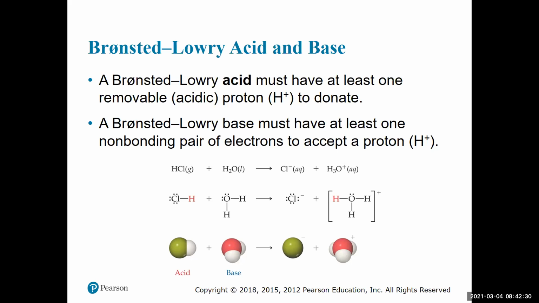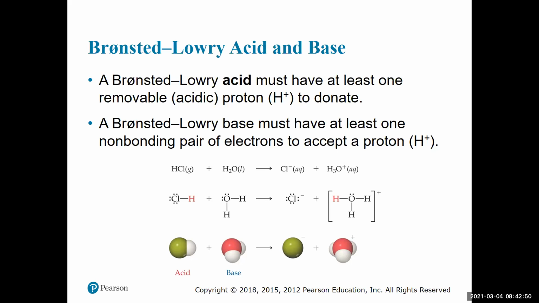You can have protons in a molecule, but if they're not donatable, if they're not acidic, then it doesn't serve as a Bronsted acid. A Bronsted-Lowry base must have at least one non-bonding pair of electrons to be able to accept that proton.